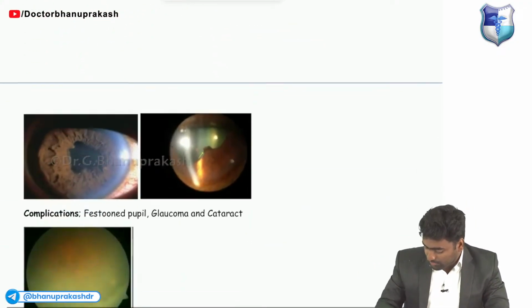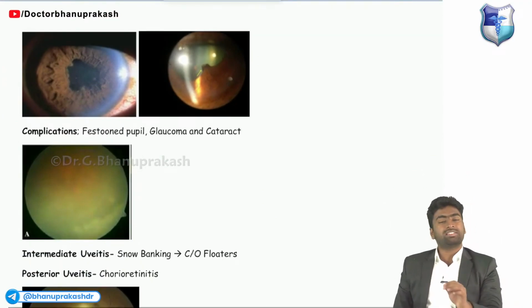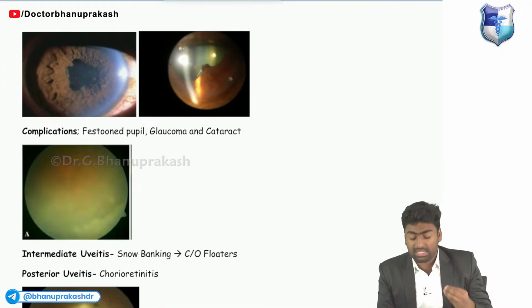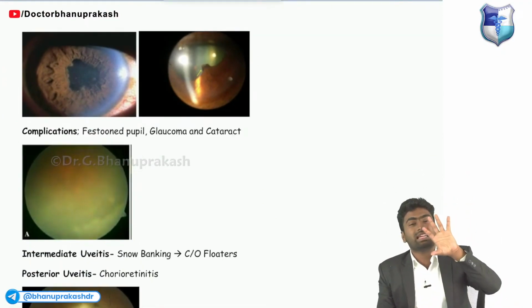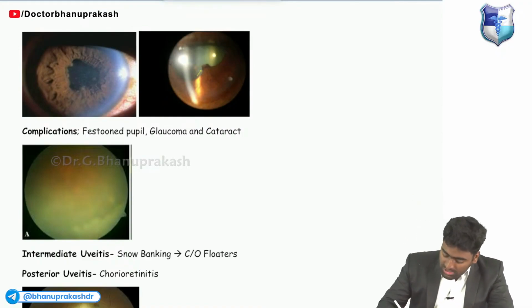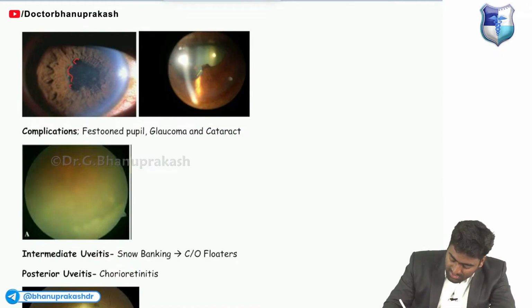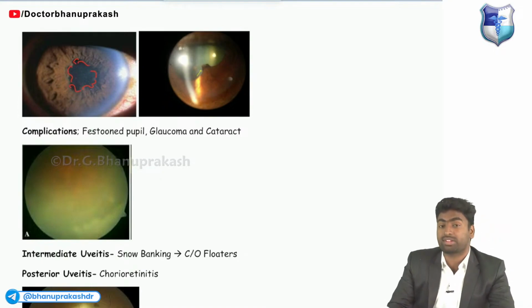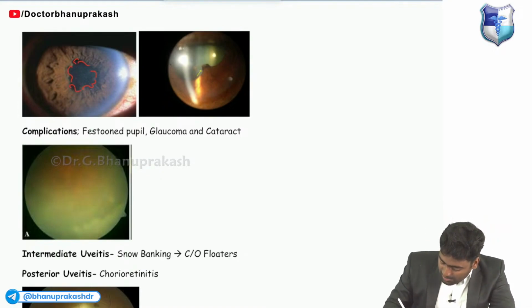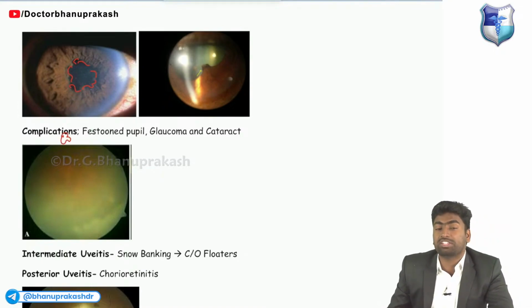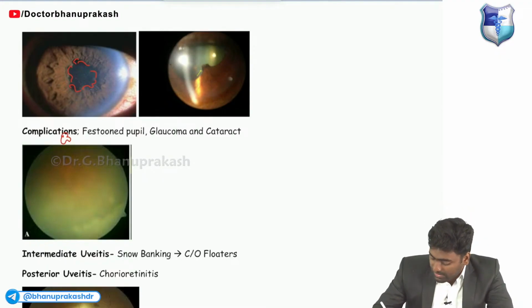Fine. And next, once anterior uveitis involving the iris gets healed, there will be formation of scars. This leads to an irregularly shaped pupil, known as festooned pupil.